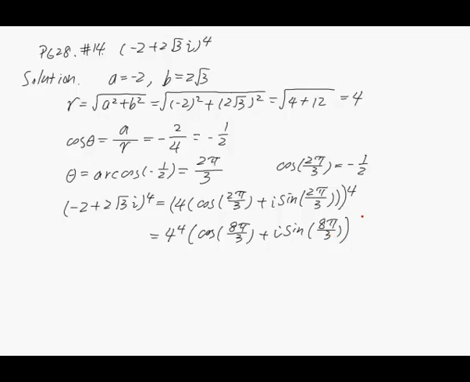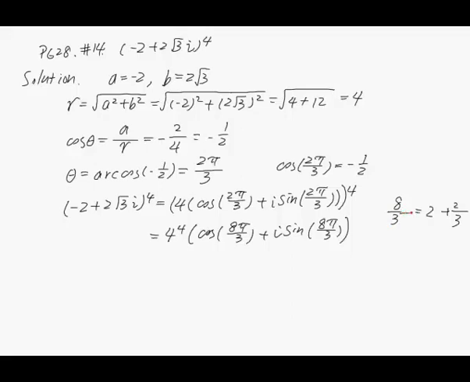And now let's try to rewrite this 8 pi over 3 as the sum of a multiple of 2 pi and another angle which is between the 0 and the 2 pi. And we know if you divide the 8 by 3, you will have the quotient 2. And the remainder is the 2, right? So this is how we divide the 8 by 3.